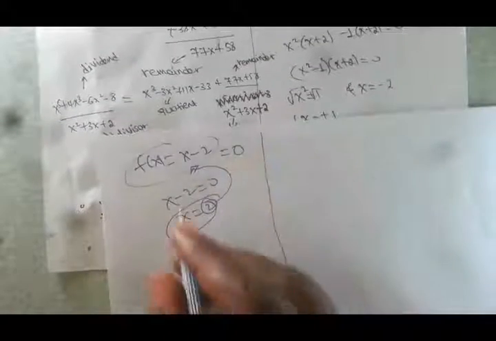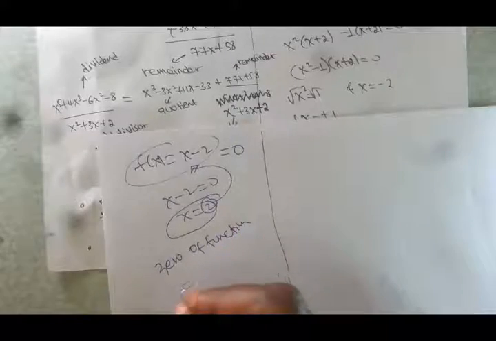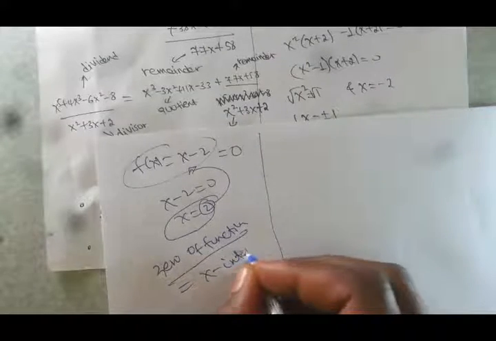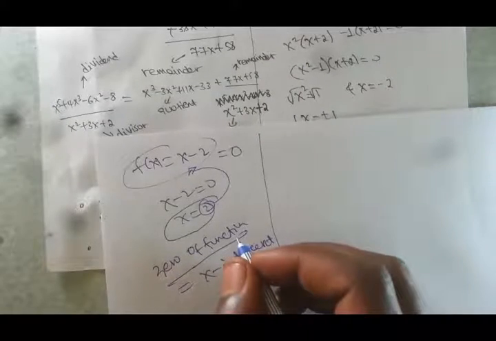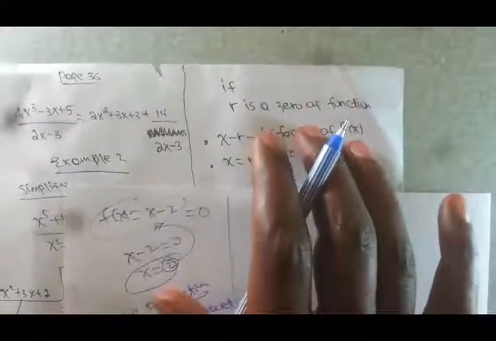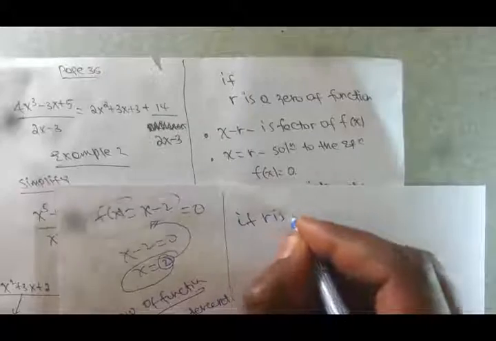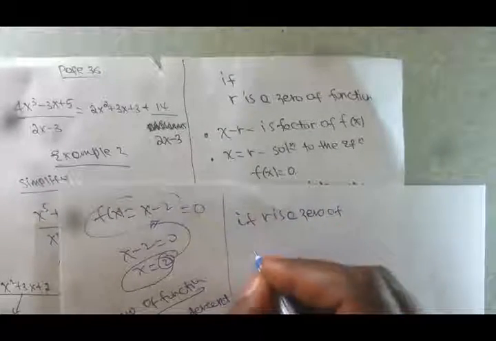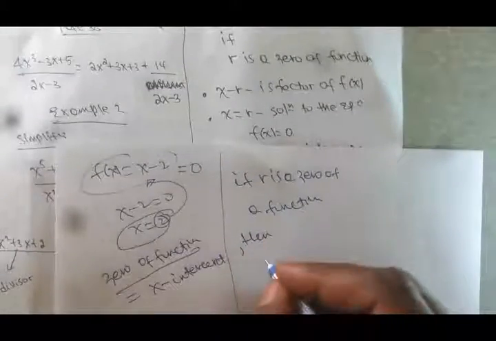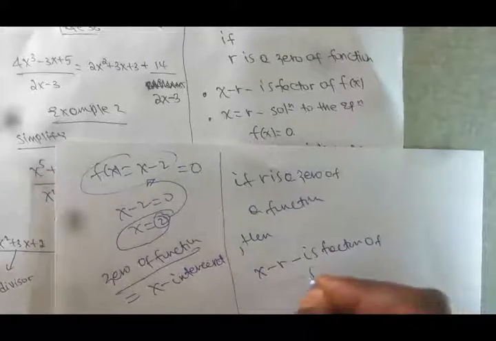The zero of a function is exactly equal to what? The zero of a function is exactly the x-intercept. Whenever you are asked to find the zero of a function, it is simply asking you to find the x-intercept. And if r is a zero of a function, then x minus r is a factor of f of x.